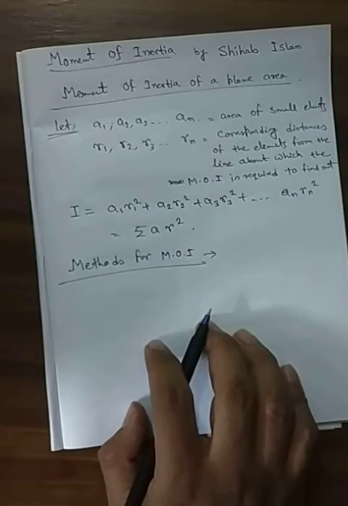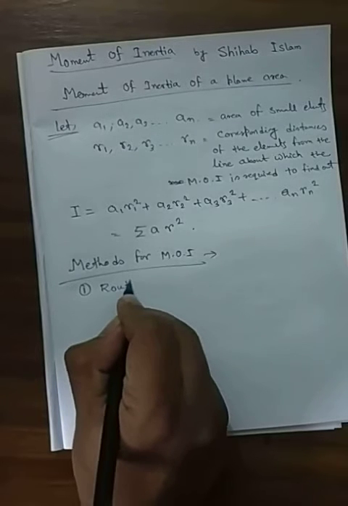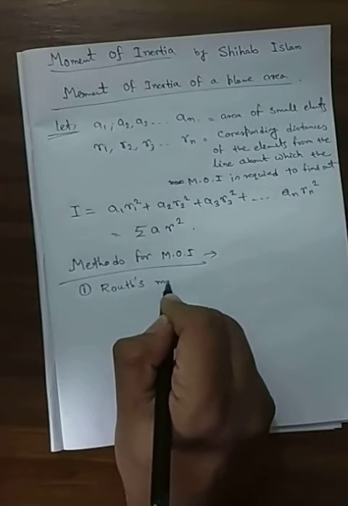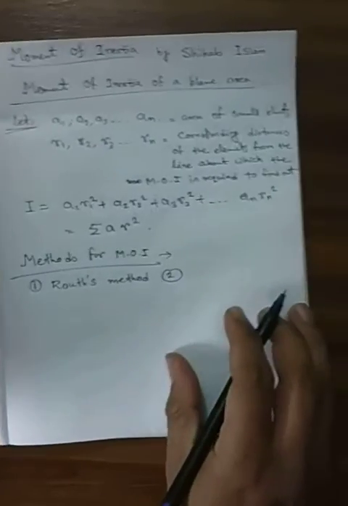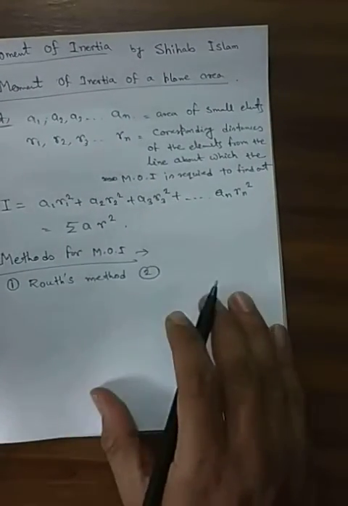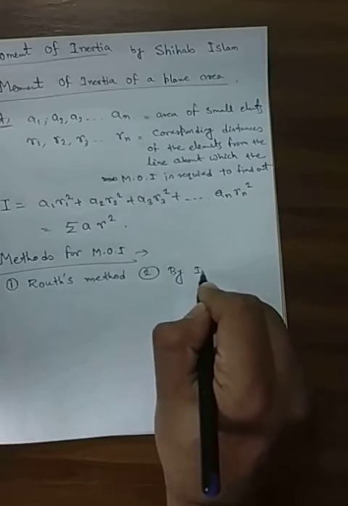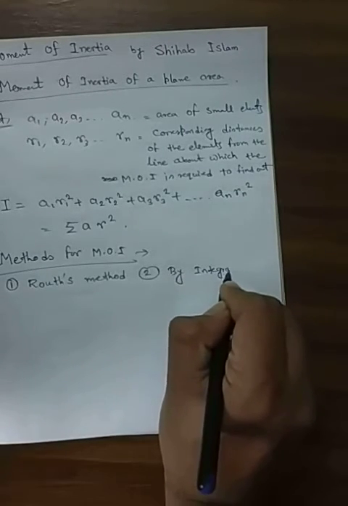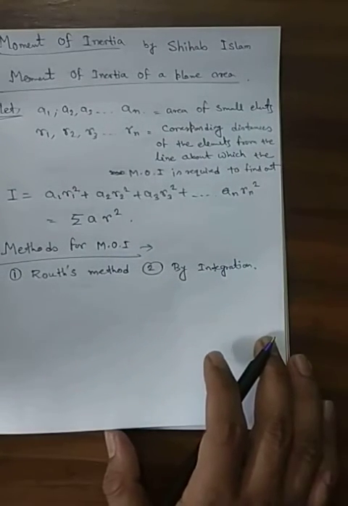Number one is Routh's method, and number two is the integration method, by which we can find out the moment of inertia of a section.